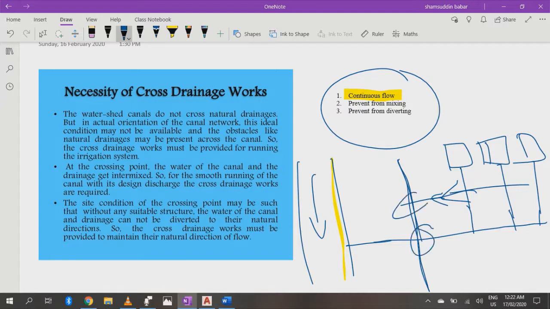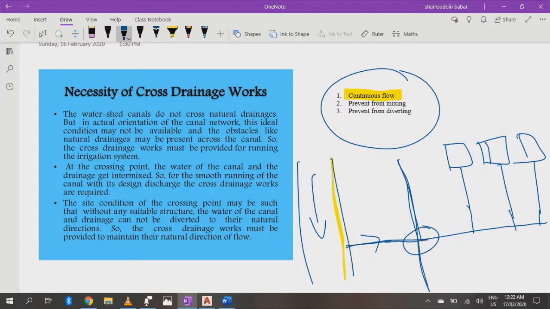So there are chances that in these areas there must be a cross drainage work so that the canal and drain might cross each other.